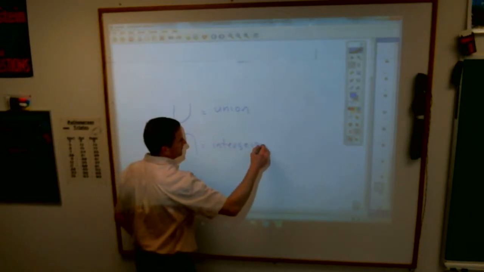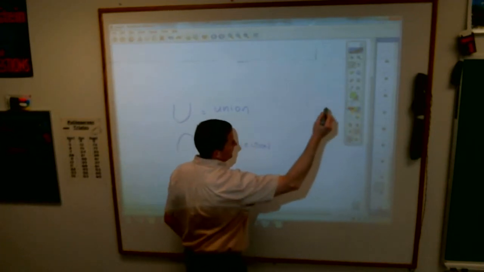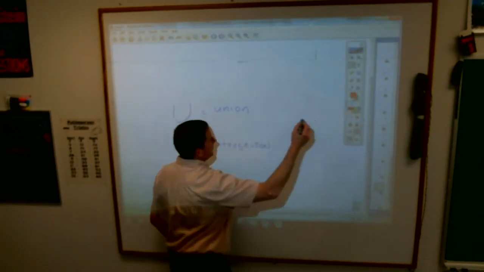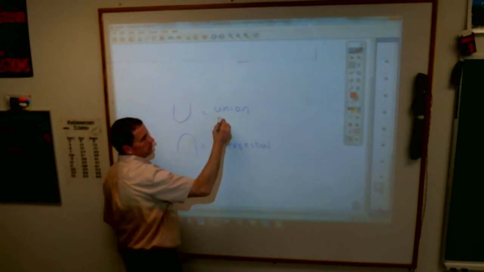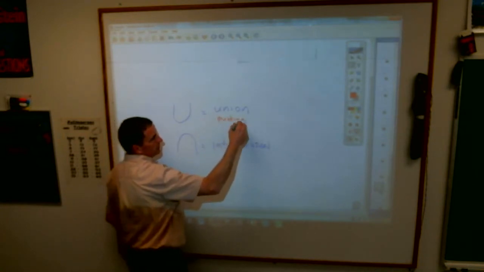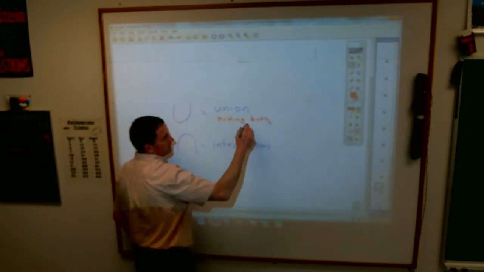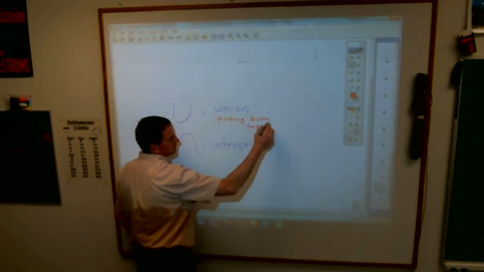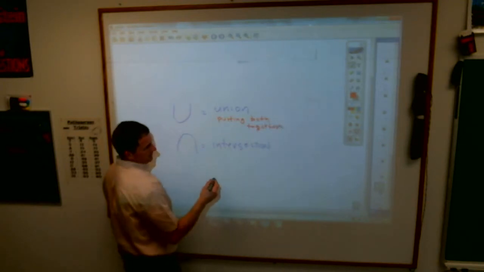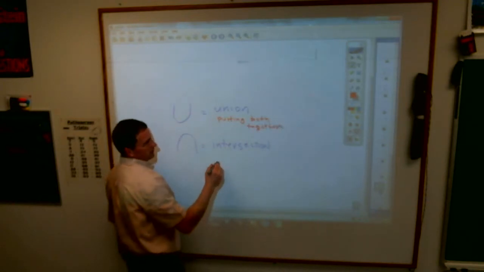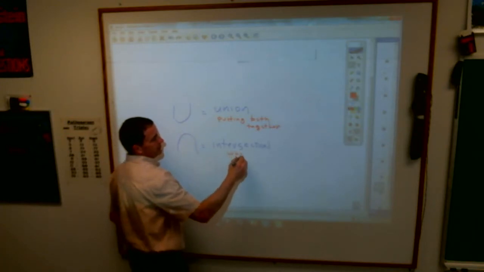The difference between the two is, union is putting both together, and intersection is what they have in common.